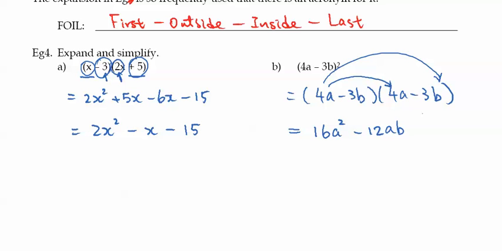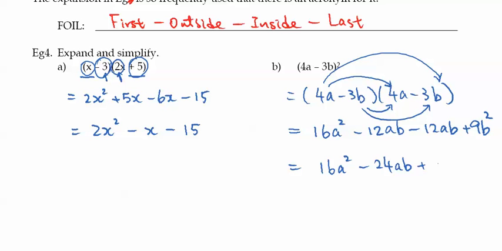That's the outside. Then the inside. Then the last of the two brackets. And once again, we see like terms. Group the like terms together before you call it your final answer.